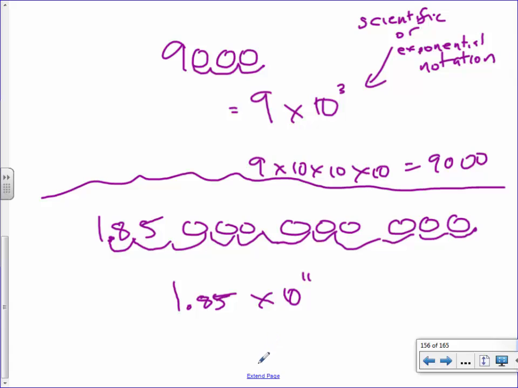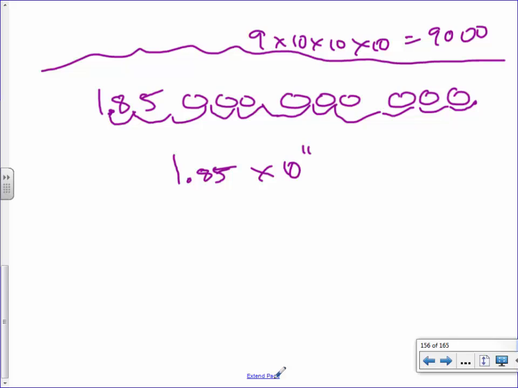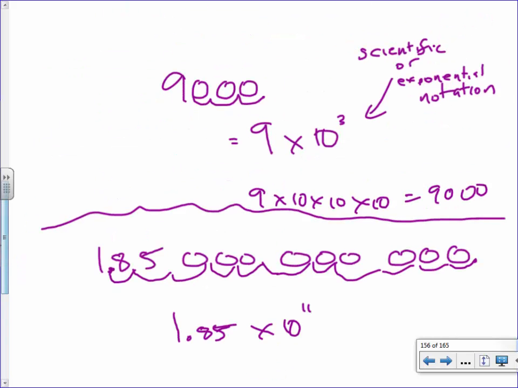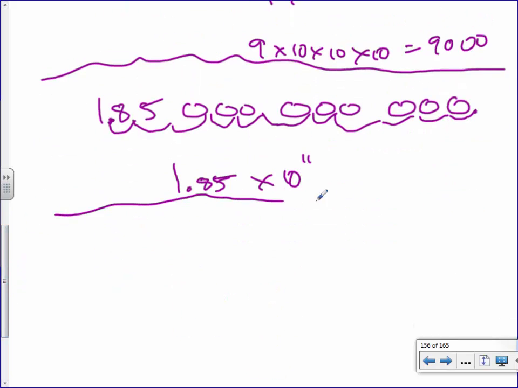Is this a shorter way of writing that number? Yeah. Is it always shorter? Well, I got to be honest. 9,000 written as 9 times 10 to the 3, it's about the same. But you can hopefully see how this is useful when you're talking about very large numbers. It's actually also useful when talking about very small numbers. Let me show you a different example. Let's say I ask you to determine the width of an atom, like the size of an atom.